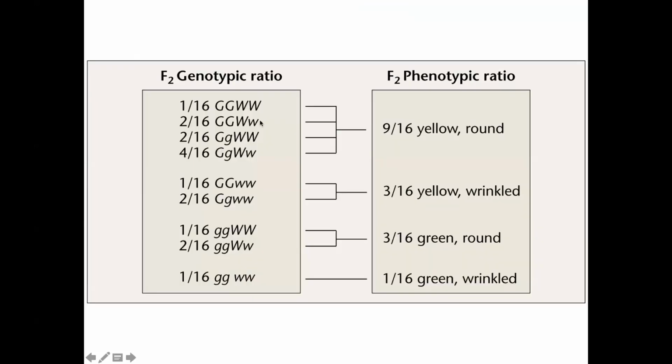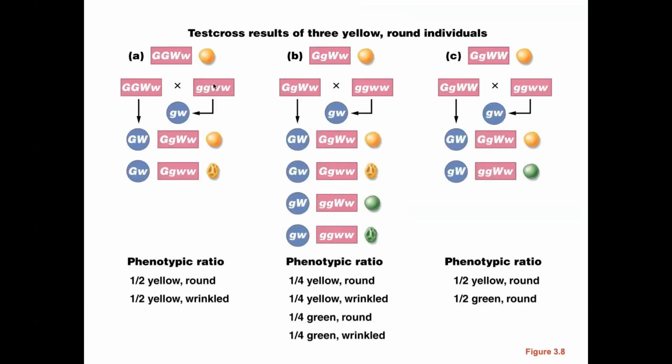Okay, so what if we chose an F2 plant that had this genotype? It was yellow round phenotypically, but it's homozygous big G and heterozygous for W. What would happen if I performed the test cross? Well, that's what's being represented here on the left side of this diagram. So there's the genotype, here's the test cross, and here's a mini Punnett square to predict the outcome.